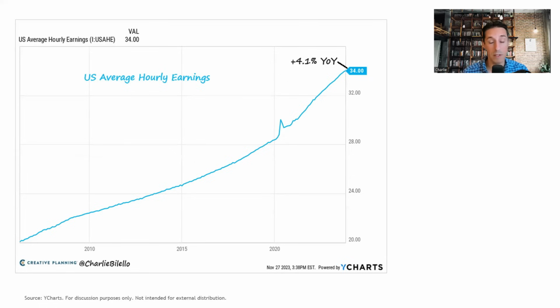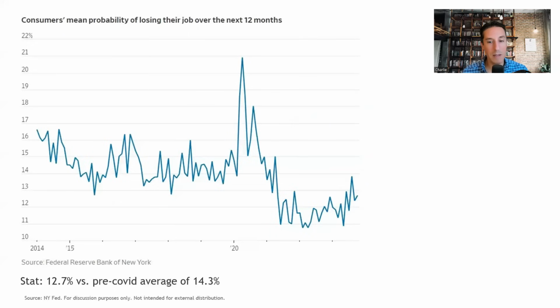That has people feeling much better about things, because when wages weren't keeping pace with inflation, that was leading to really negative sentiment about the future. And now that their earnings are outpacing inflation, people are feeling much better. We also have this tight labor market leading people to be more confident that they're going to retain their job.